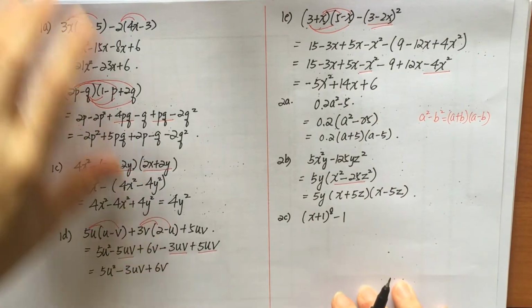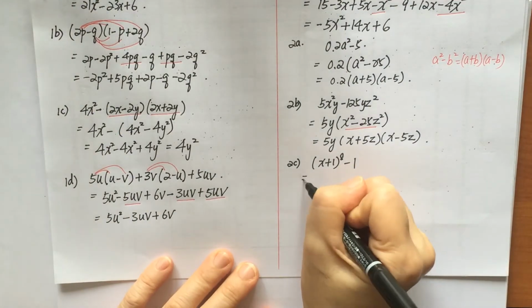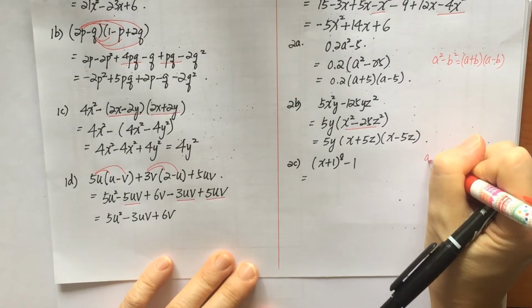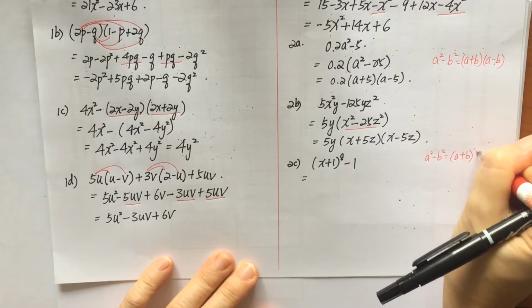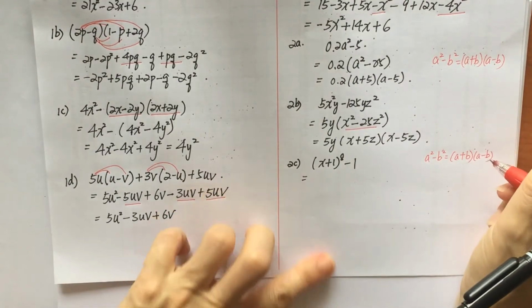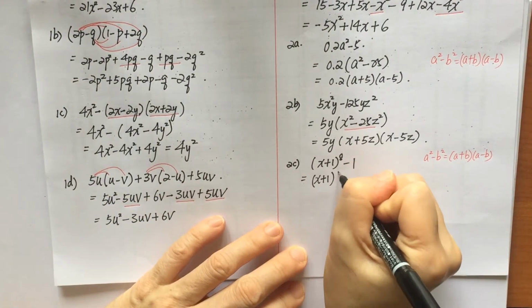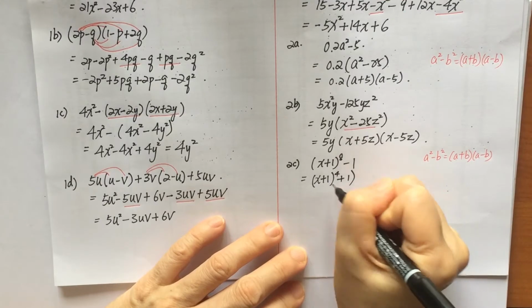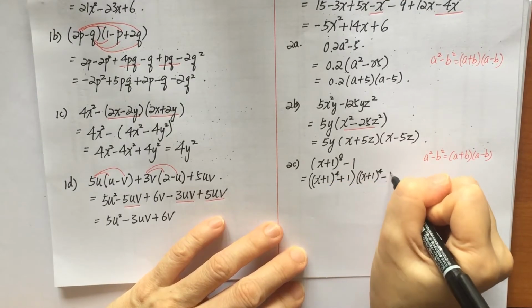Next one, this is very long. First of all, this is like you're having a squared minus b squared is equal to a plus b times a minus b. So I'm going to write this as a, which is the 4, power 4, plus 1, and then a power 4 minus 1.